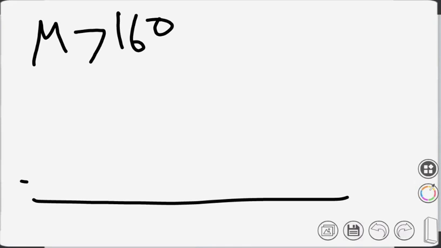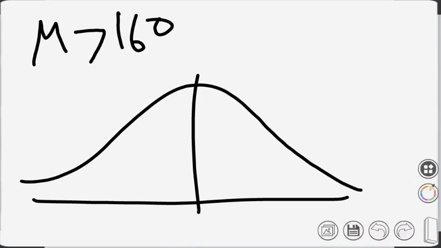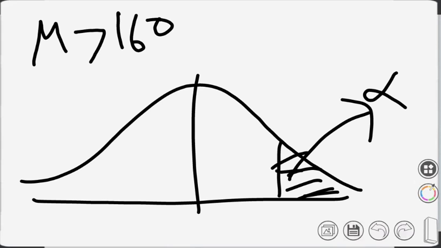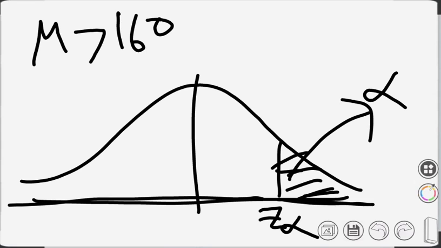For right tail test, mu is greater than 160, then the critical region will be to the right of the acceptance region, and this area will be alpha, and this point will be Z alpha. The whole part will be the acceptance region, that is CR bar, and this part will be the critical region, the CR.